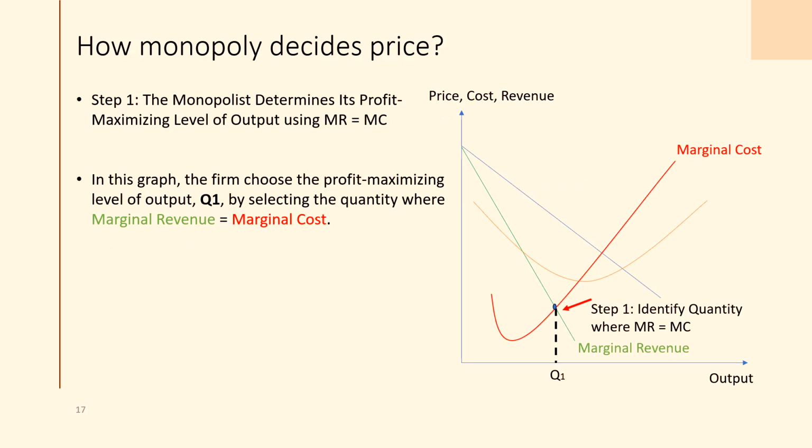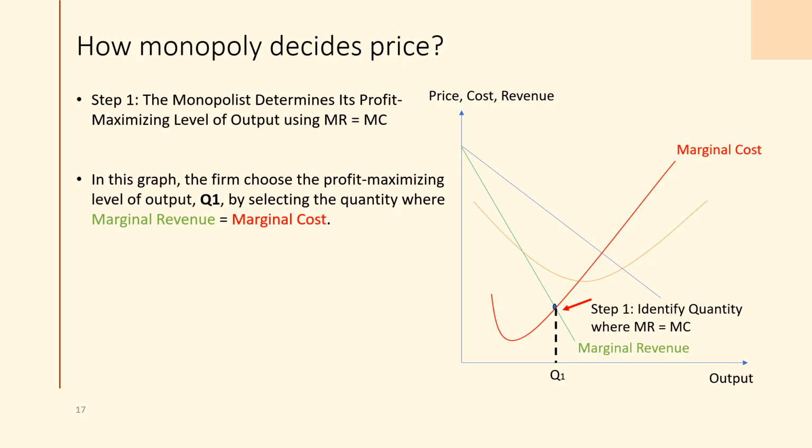Now let's focus on the first step. The monopolist begins by comparing marginal revenue and marginal cost. As long as marginal revenue is greater than marginal cost, producing more units adds to profit. As long as marginal cost is greater than marginal revenue, producing more units reduces profit.